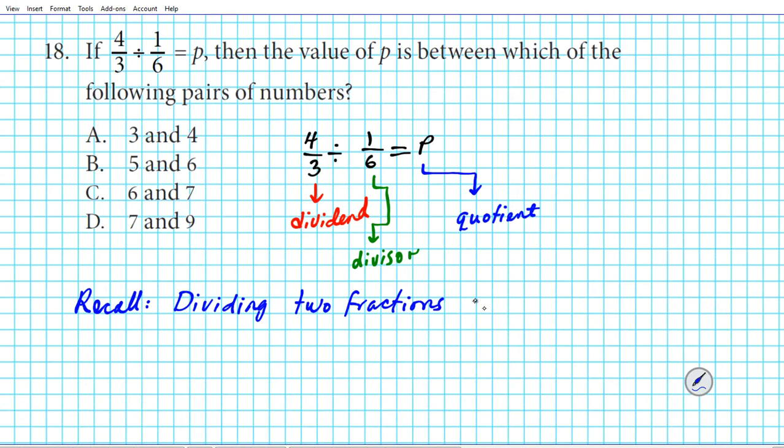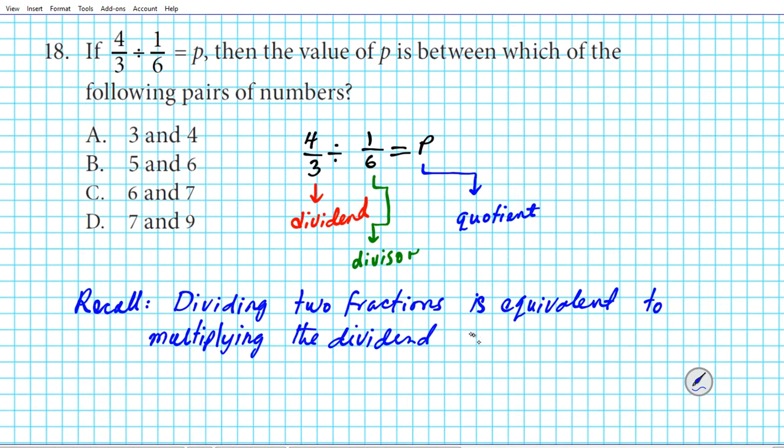Dividing two fractions is equivalent to multiplying the dividend, which is the first fraction, by the reciprocal of the divisor. Okay?